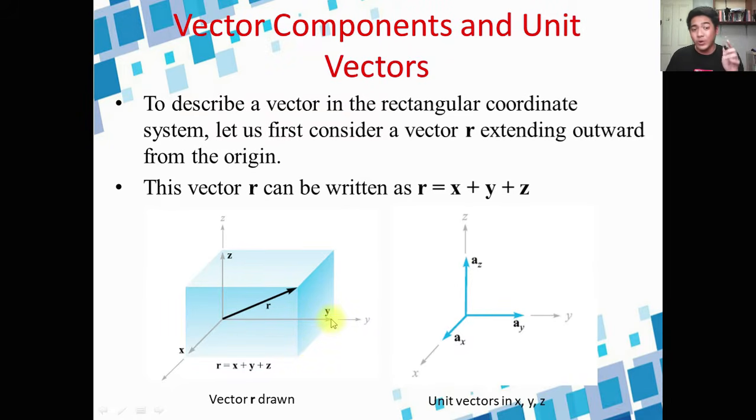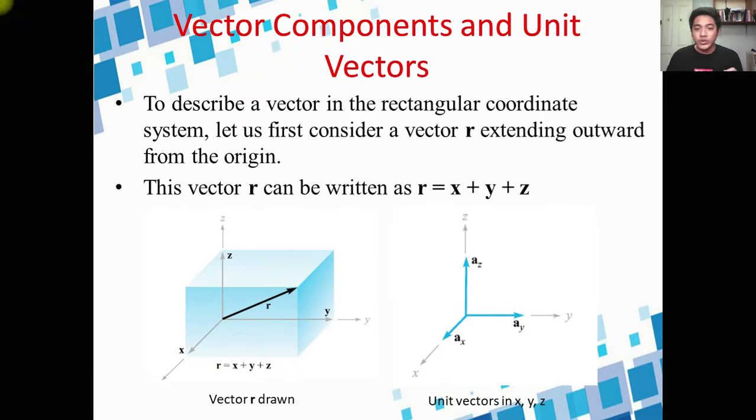By the vector addition using the tip-to-tail method, we draw the vector r from the very tail of the first vector, which is y, up to the tip of the very last vector, which is z. So as you can see, that is the vector drawn, x plus y plus z.